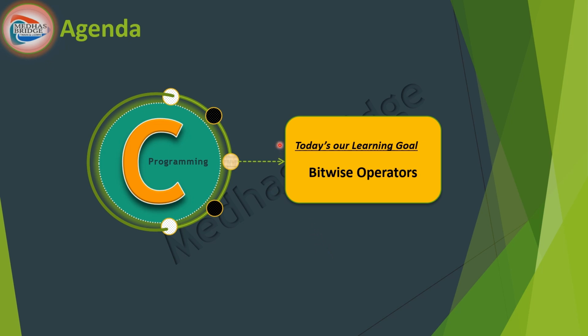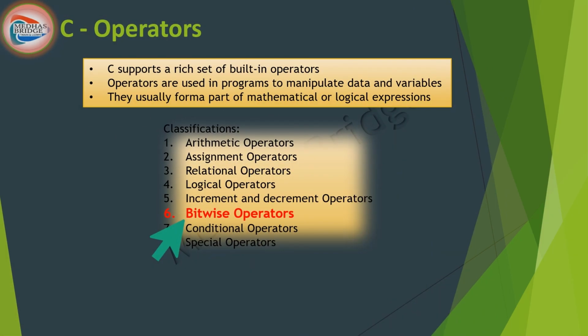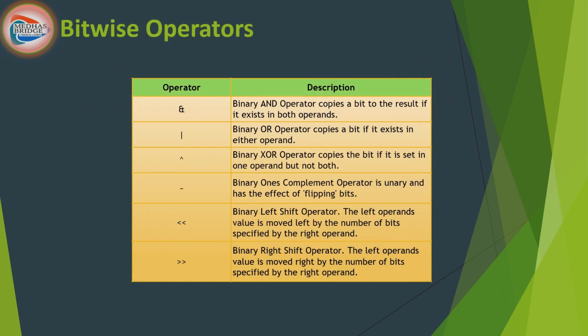Here is our today's agenda. Precisely speaking, C programming is widely used in embedded systems. So the professionals who are working in embedded systems or hardware-related work, for them C programming and bitwise operations are very important.